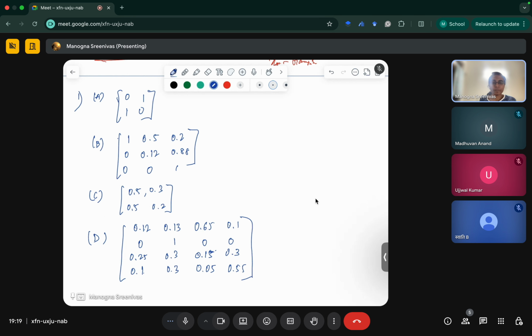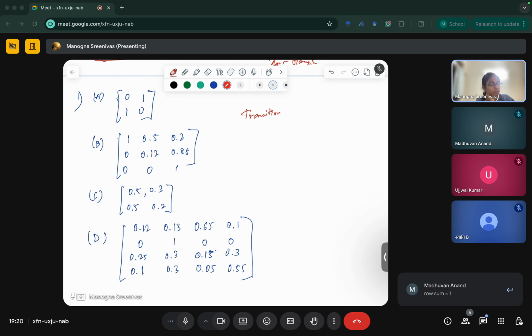What is the defining property of a transition matrix? Row sum equal to 1. Yes. So which of these would qualify?